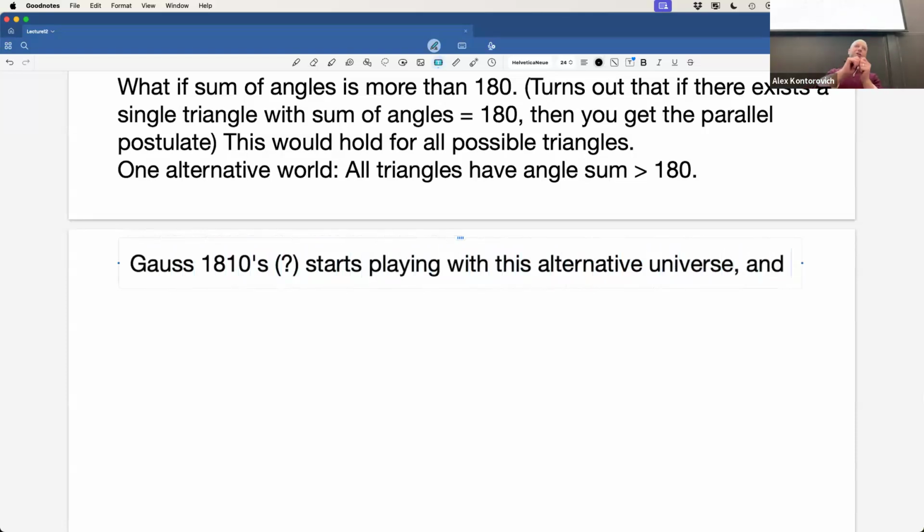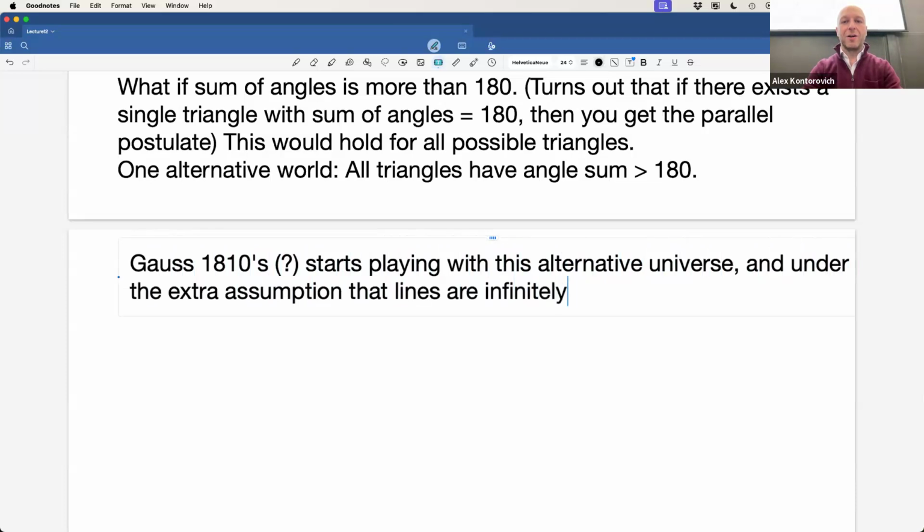He realizes that there's an extra assumption, if you want lines to be infinitely long, and under the extra assumption that lines are infinitely long, he manages to arrive at a contradiction.